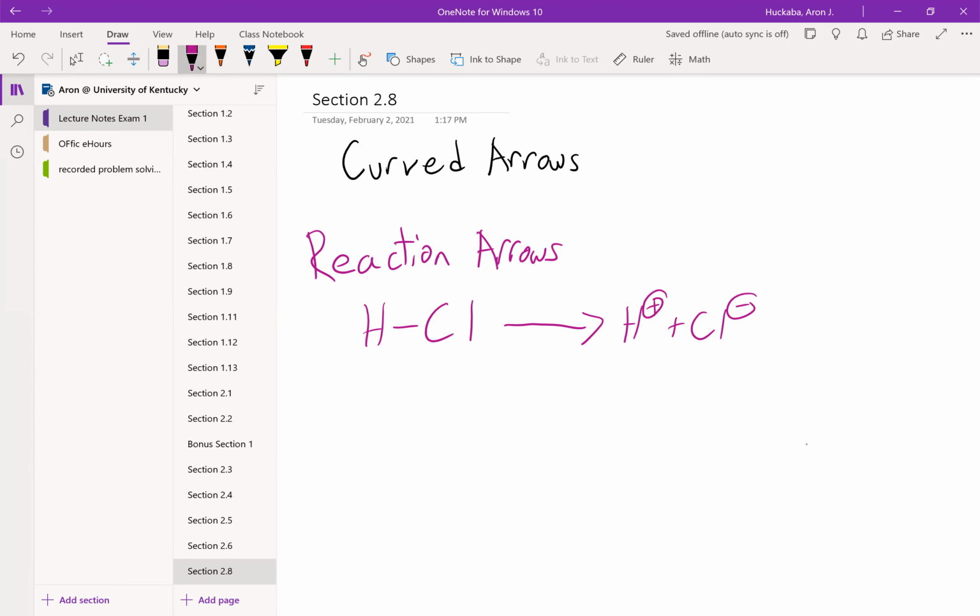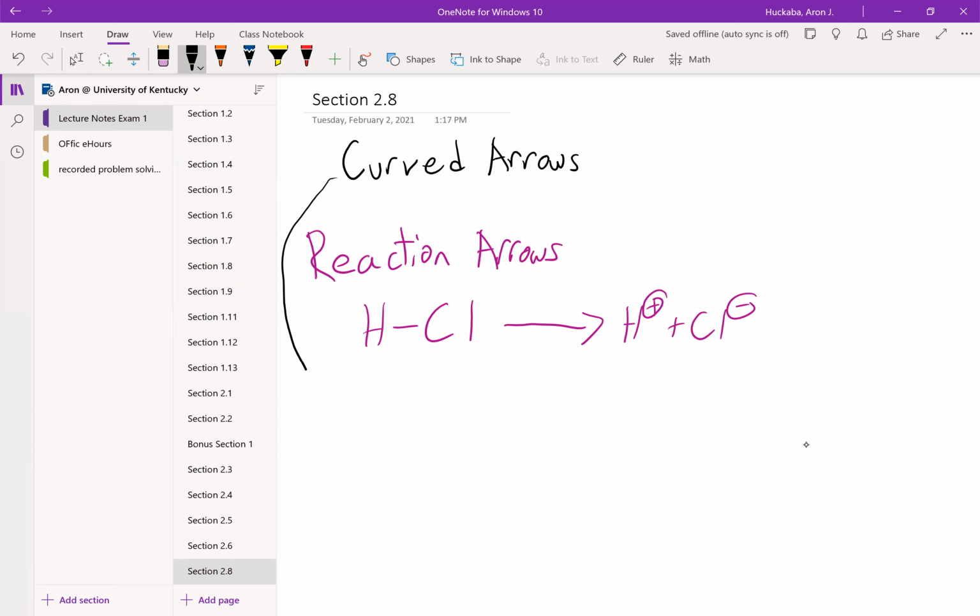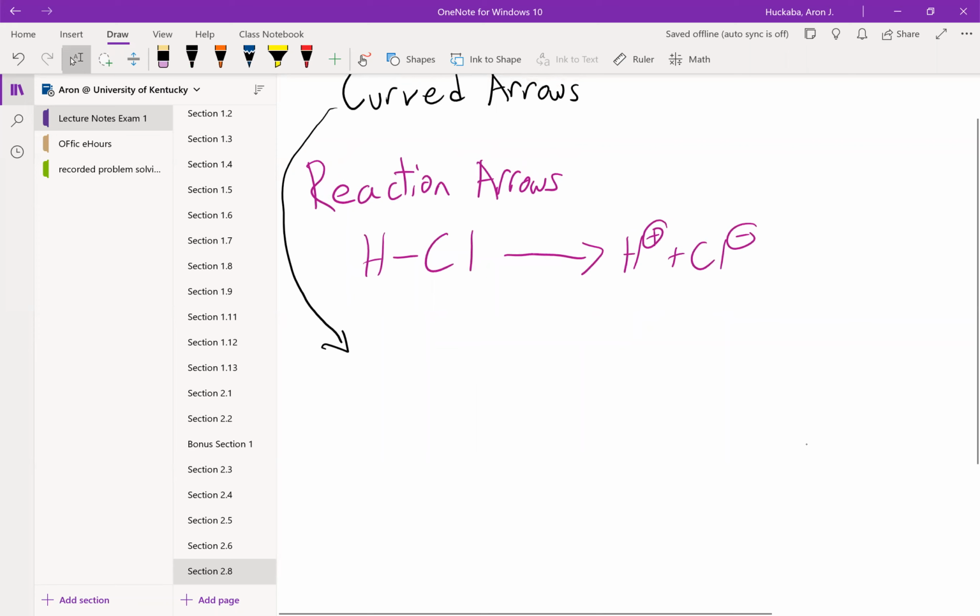However, curved arrows serve a different role, and when we draw them, much like I just did, we're going to show how electrons move. And more specifically, we're going to show how electrons move in regards to resonance structures. So if you remember, again, from general chemistry, we talked a little bit about resonance structures.